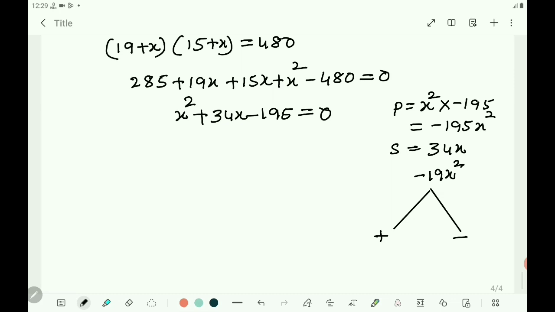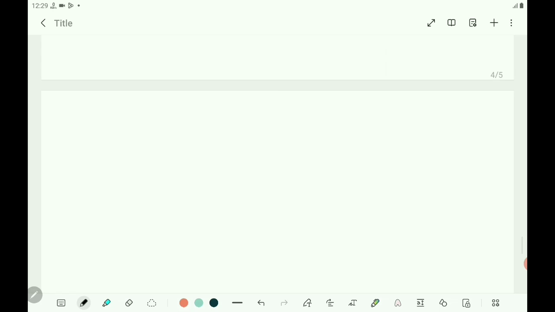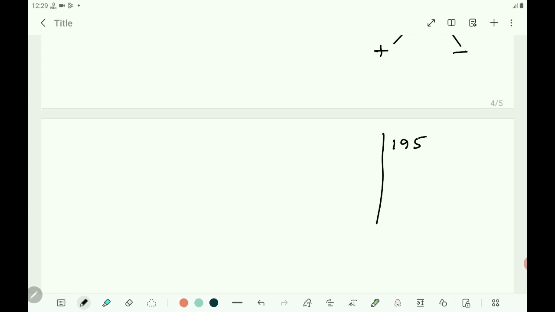Next you take the factors of 195. Factorize 195. 195 is not divisible by 2 and 3. Next you take 5. 5 3s are 15 and 5 9s are 45.